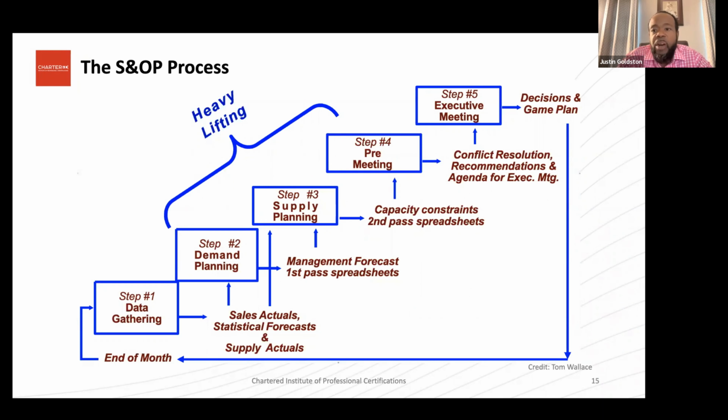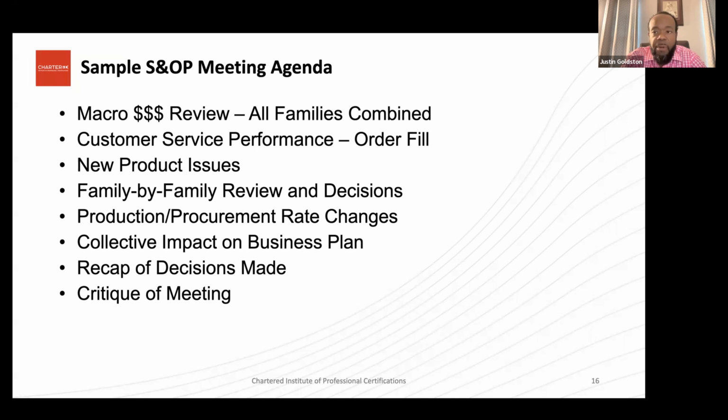From a customer service performance perspective, we want to see how we performed based on previous periods. And once again, our forecasts are going to be very important to that. Inputting our capacity within the ERP application or Excel spreadsheet is going to be vital to that particular topic.